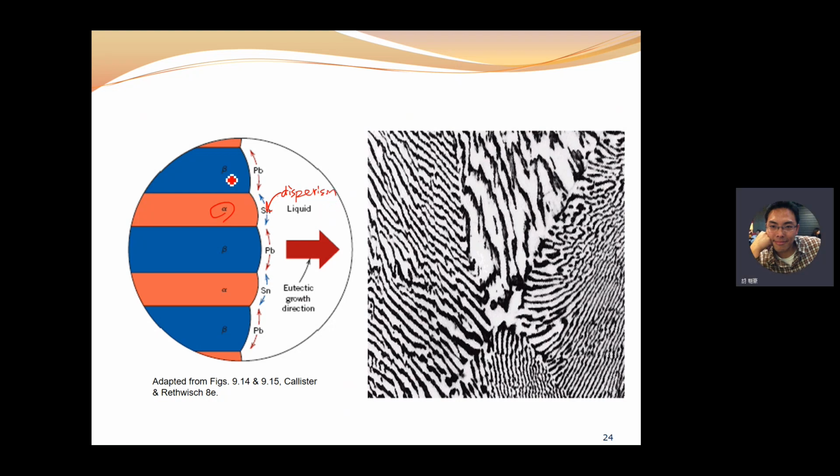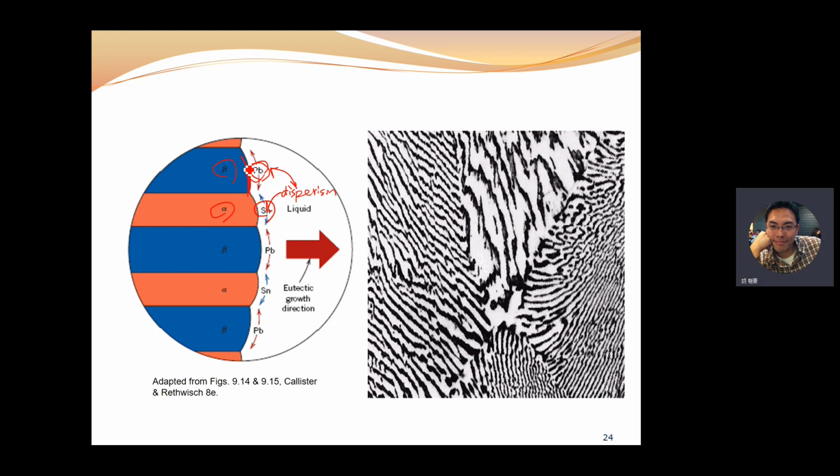And for the beta phase, the tin is the matrix. In this case the lead is the point defect for dispersion strengthening in the beta solid solution, and those point defects will diffuse from the surface.